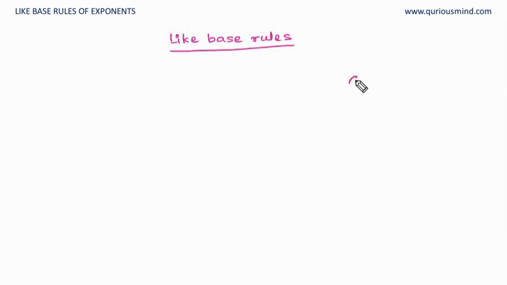That is a raised to m into a raised to n, where we know m and n are integers and a is a non-zero integer, is equal to a raised to m plus n, the sum of the powers. When we multiply two exponents having the same base, the base remains the same and the powers get added. That is our first like base rule.